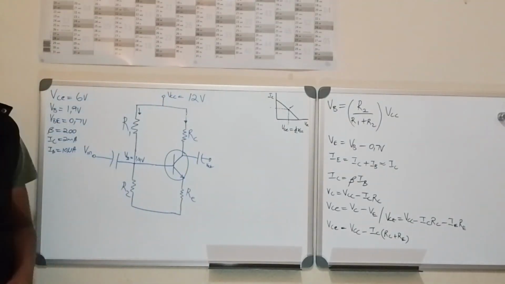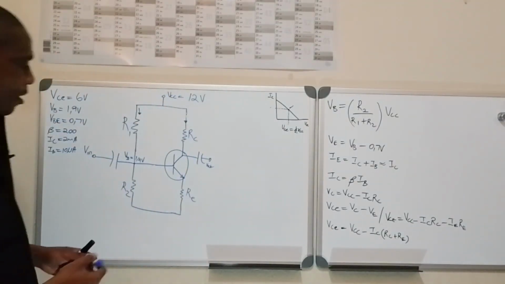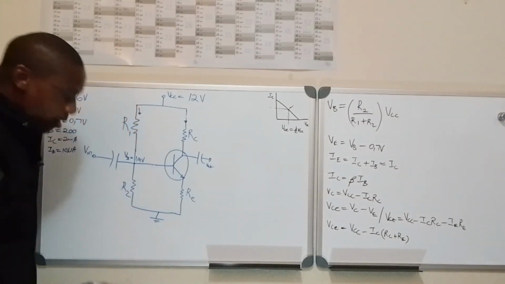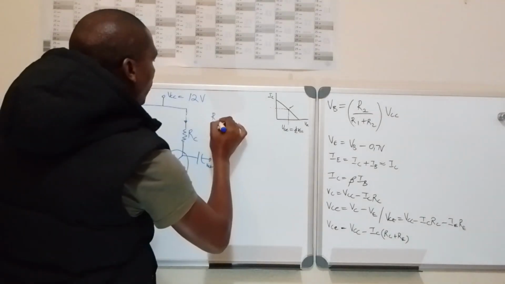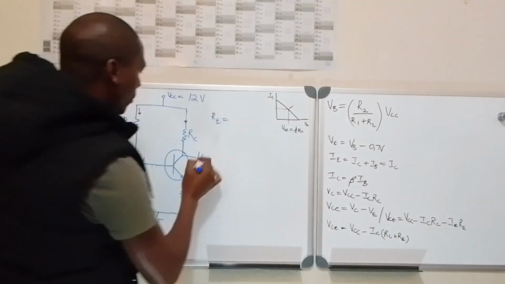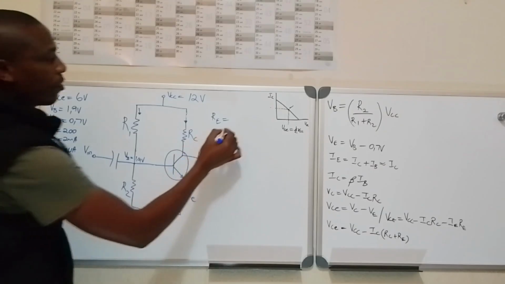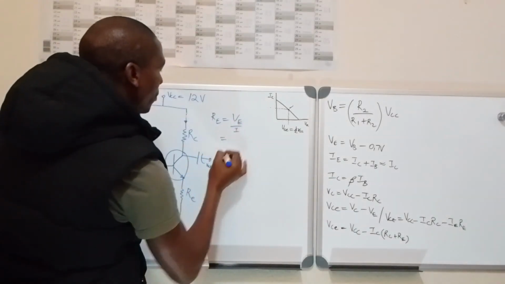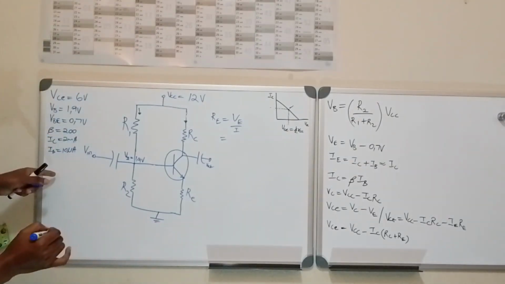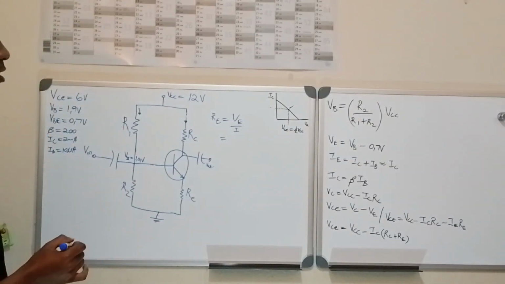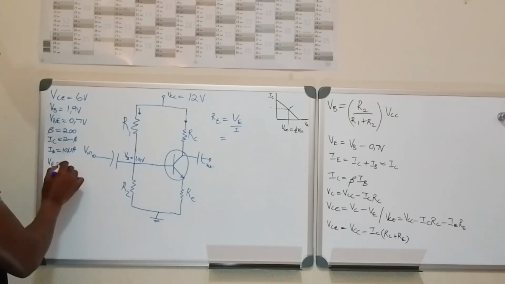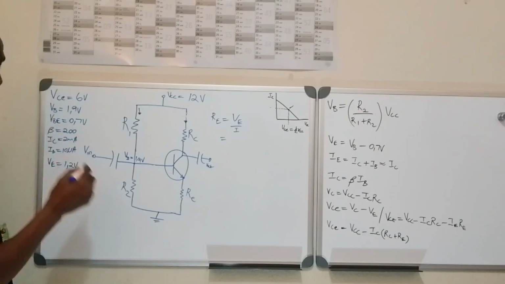Now with all these values, we can start calculating the resistors. This one is grounded. Let's start by calculating RE. R is equal to V over I. What is VE? Didn't you calculate VE? VE was equal to 1.2 volt.